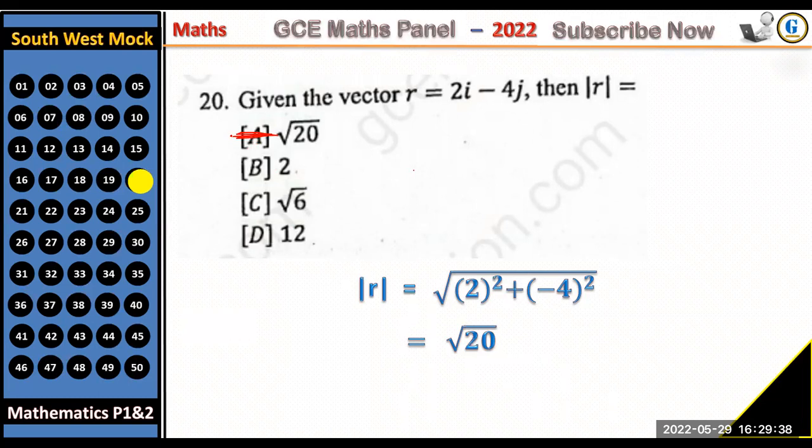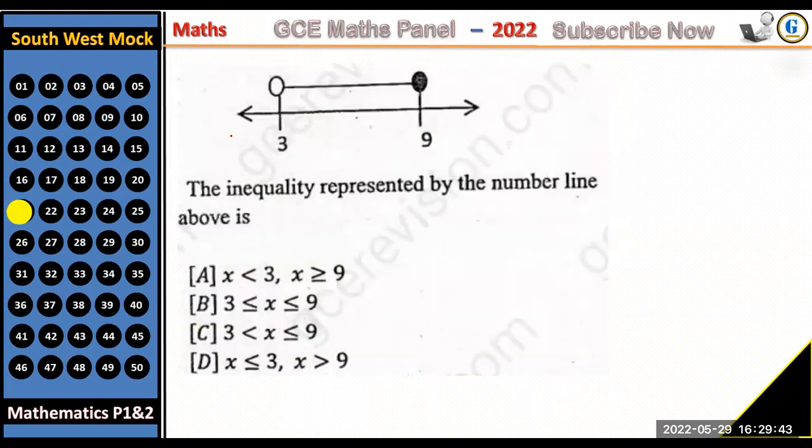Question 21. So the inequality represented by the number line above is, so looking at this inequality here, 3 is not included because they have not shaded the circle. 9 is included because they have shaded the circle. So since 3 is not included, the answer cannot be B because here they have included 3, and cannot be D. So we are now looking at A and C. But now the shaded region is from 3 to 9.